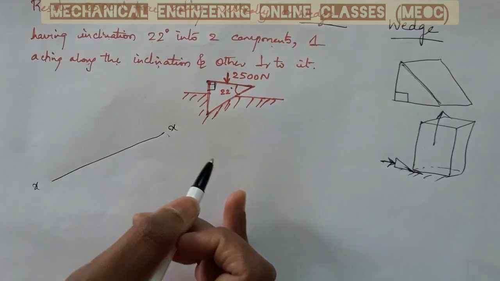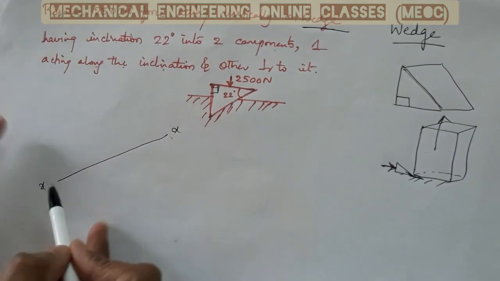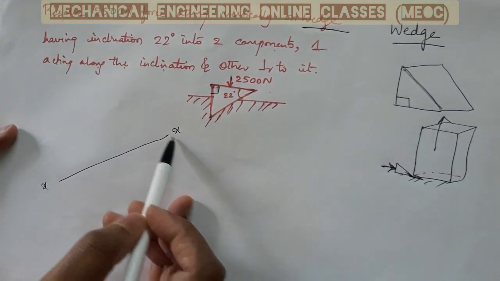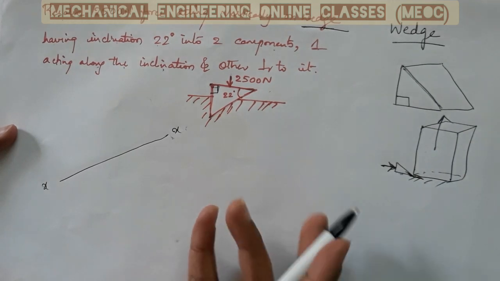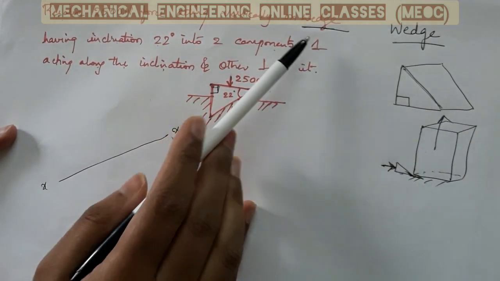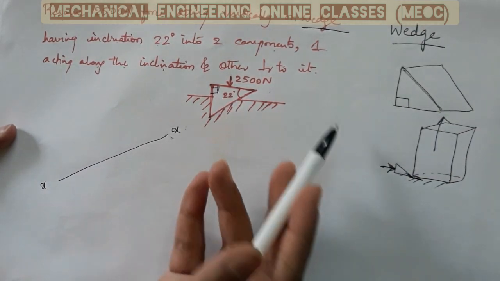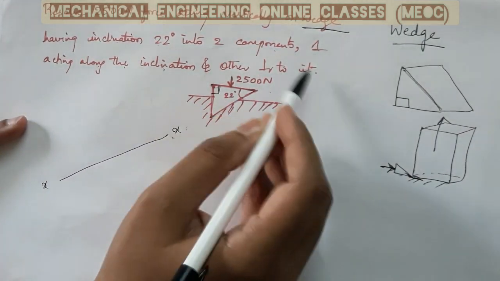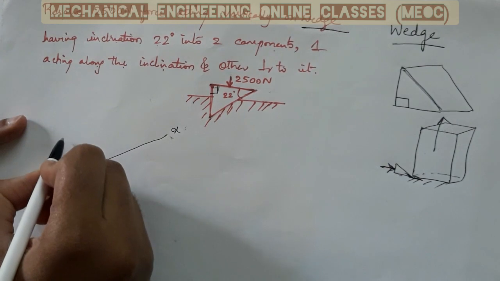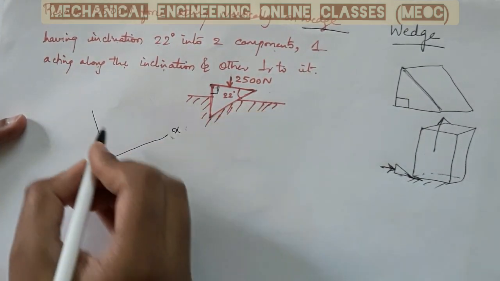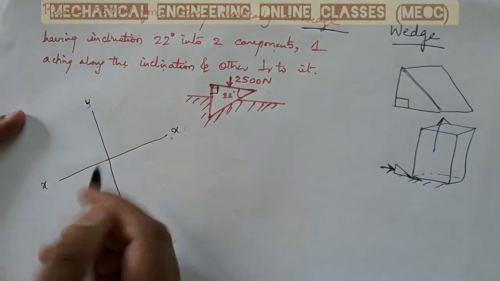For our convenience, I have drawn one line which is parallel to the inclination, and I am naming that line the x-axis, along which I have to find one component of the 2500 Newton force. I again draw another line perpendicular to it, because I need another component which is perpendicular to the inclined plane. So let this be y.